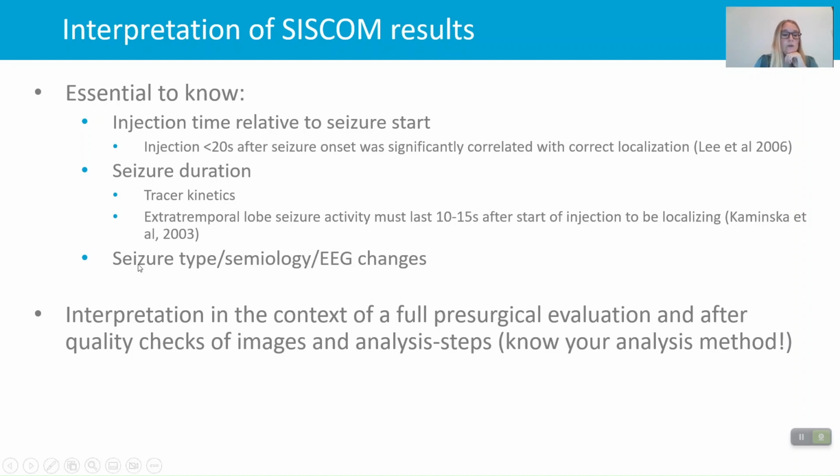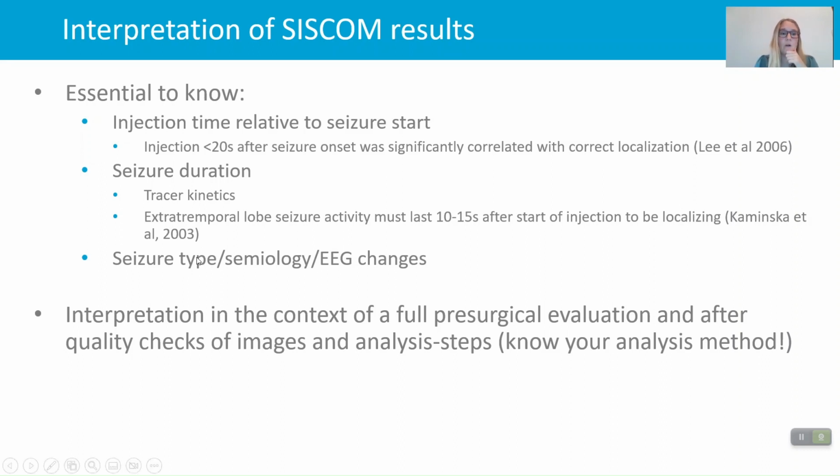And you need to know seizure type, semiology, and EEG changes. So imagine you have a very, very short extratemporal lobe seizure, and you inject, and a few seconds later the seizure stops and the patient is confused and starts moving. It can happen that you see mainly hyperperfusion around motor areas because of the postictal movement.